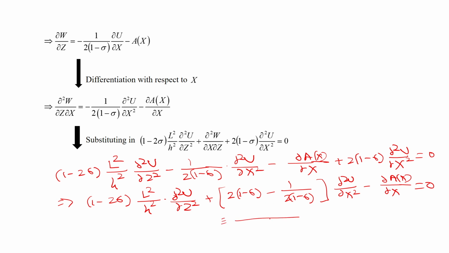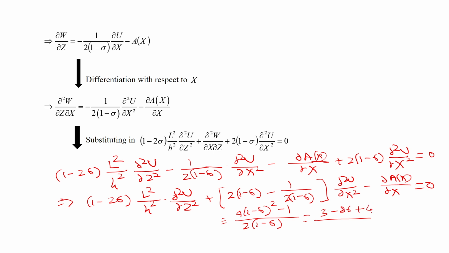This term comes out to be 2 into 1 minus sigma, so it is 4 into 1 minus sigma square minus 1. So, here it will be equal to 4 minus 1, this is 3, minus 8 sigma. So, 2 is fine, right? I did not miss anything, I hope. Okay, that is fine, I guess. So, it is 3, 8 sigma, 4 sigma square.